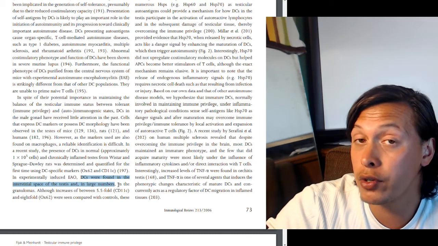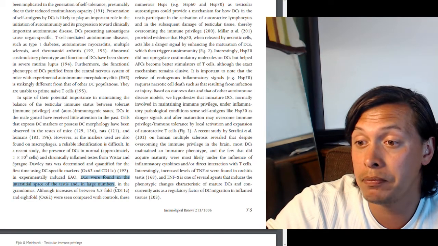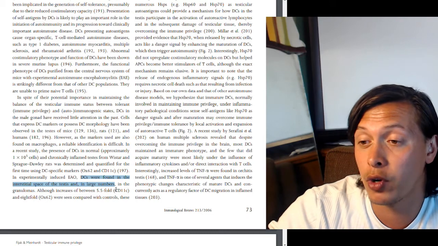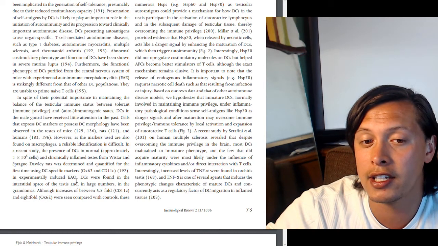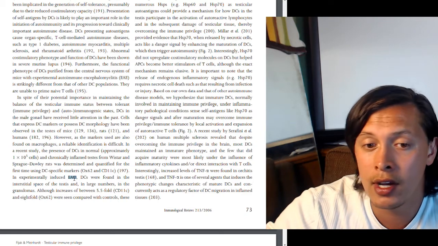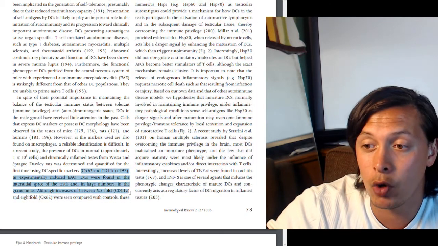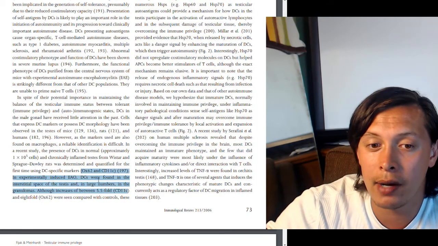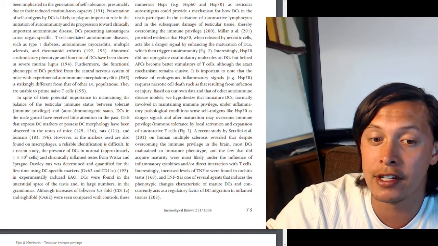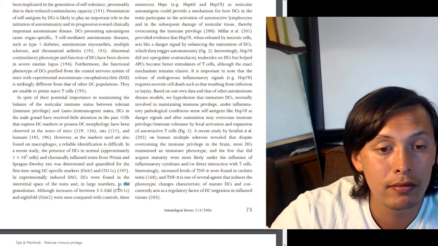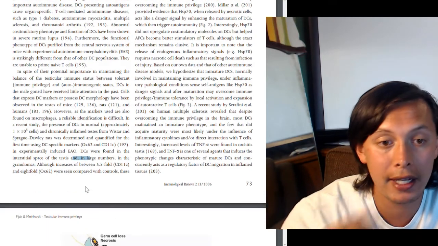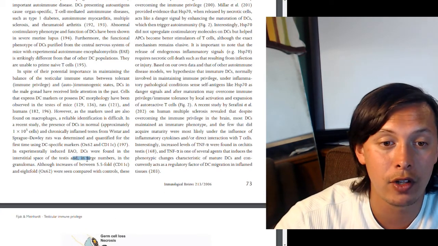So whenever you do get the inflammatory response caused by the experimental autoimmune orchitis, it ends up increasing the numbers of dendritic cells in the interstitial space. Interesting. And in large numbers in the granulomas.